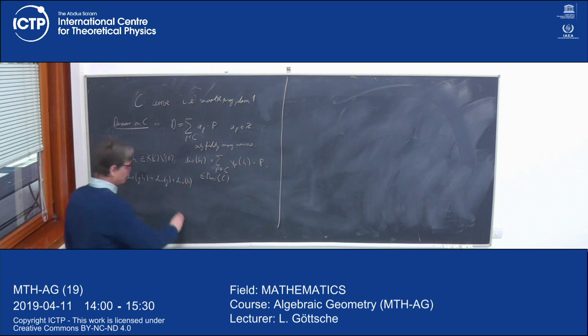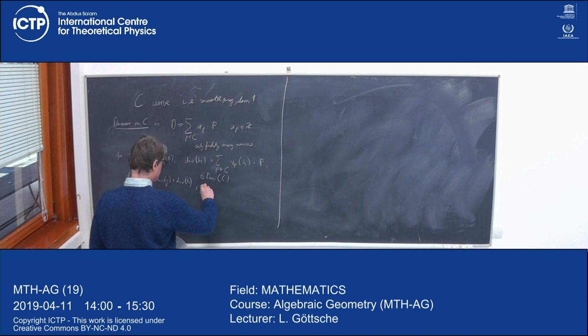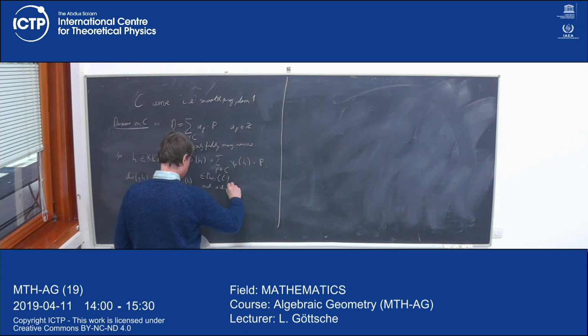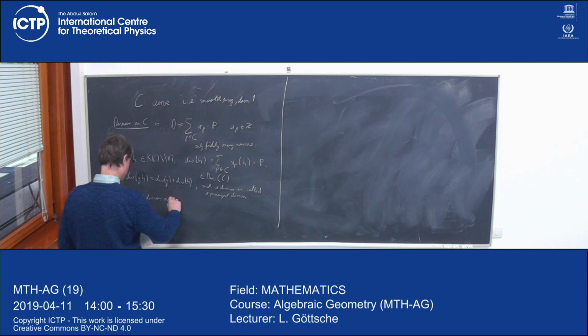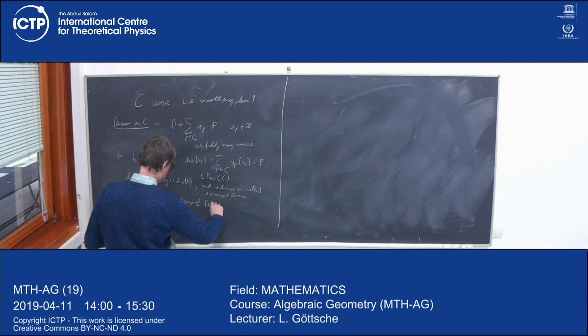A divisor of this form is called a principal divisor, and the principal divisors form a subgroup of the divisors on C.